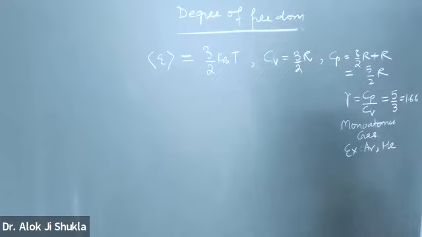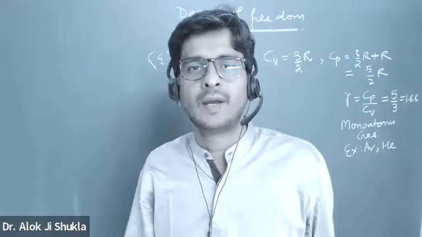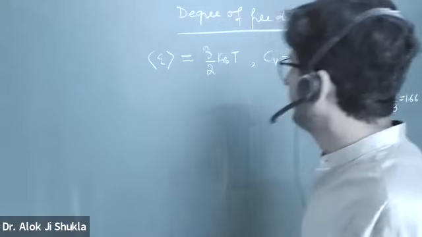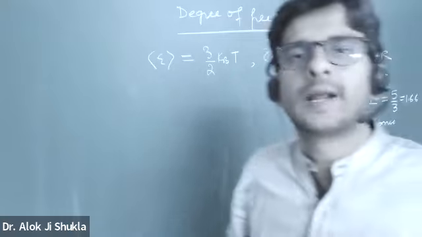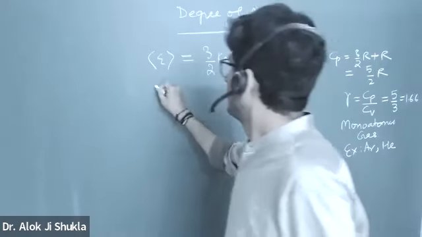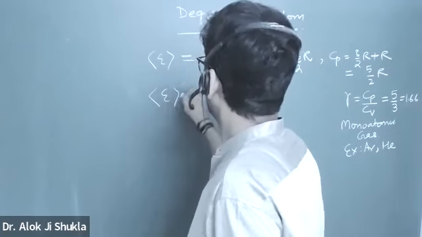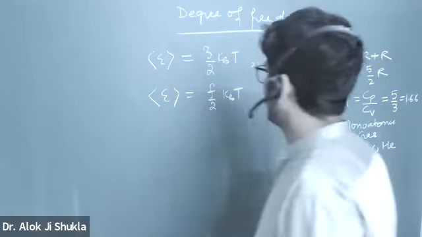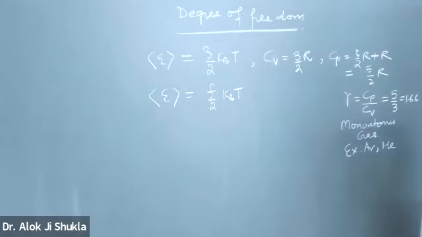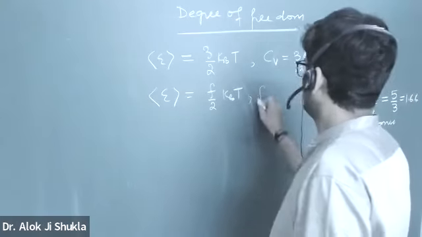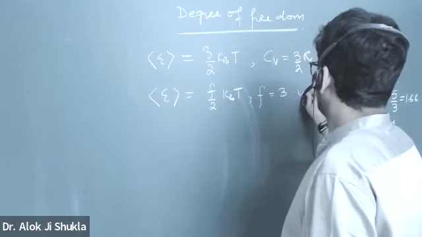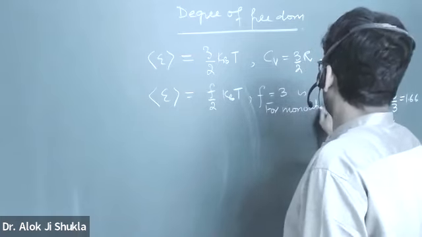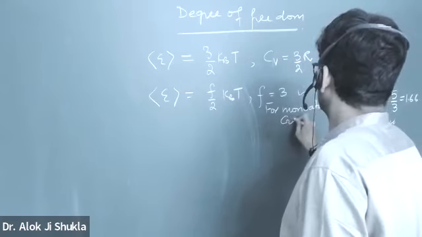So now what is happening? Actually, the formula that we have derived, that average energy is equal to 3 by 2 kBT, is not good for all types of molecules, but only for monoatomic gas. The formula should be F by 2 kBT, and F equal to 3 is for monoatomic gas.